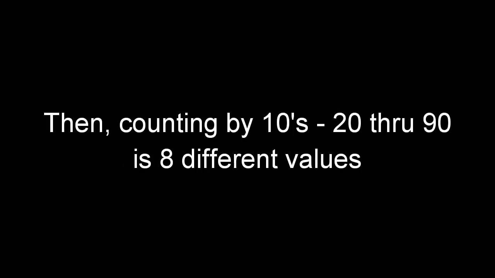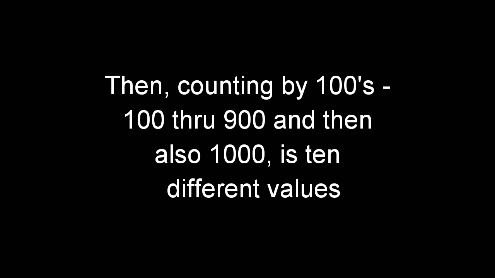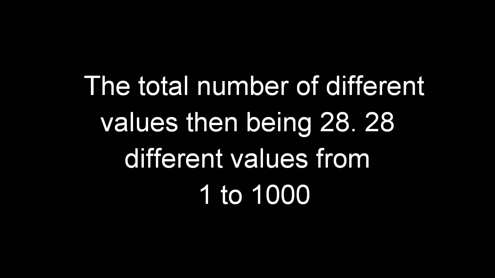Then, counting by tens, 20 through 90, is 8 different values. Then, counting by 100s, 100 through 900, and then also 1000, is 10 different values. The total number of different values then being 28. 28 different values, from 1 to 1000.